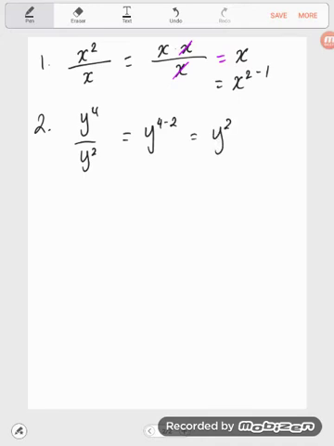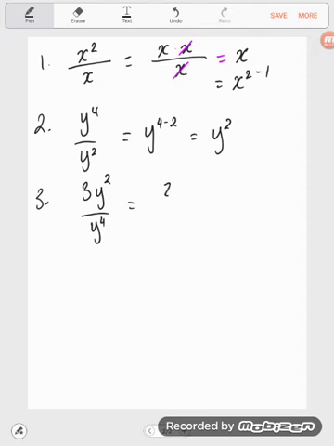Okay? Other examples that you may have is you may have some numbers in front. So you may have 3y squared divided by maybe y to the 4. What's going to happen there? So when you have a bottom heavy, we can do the minus.